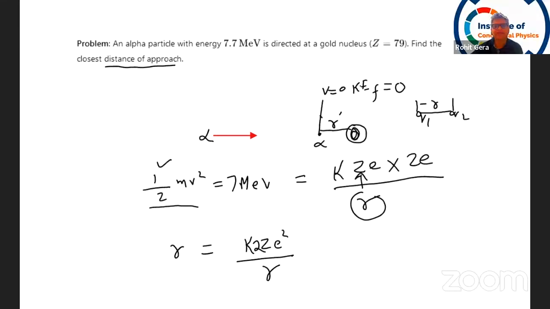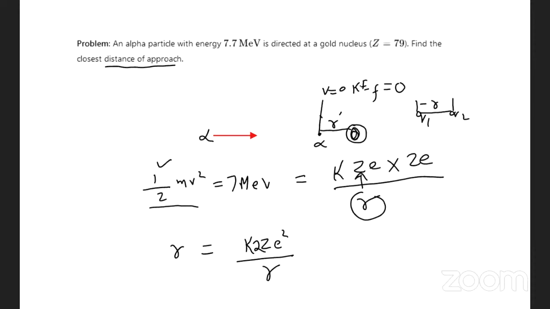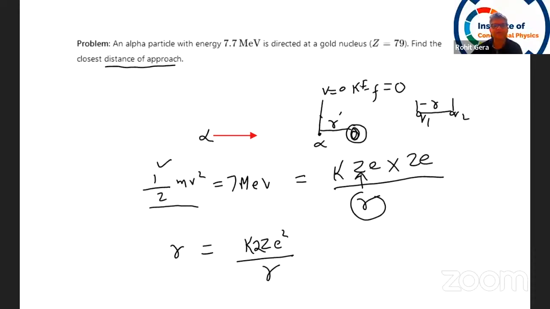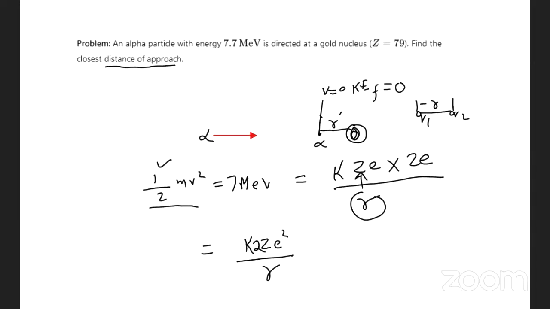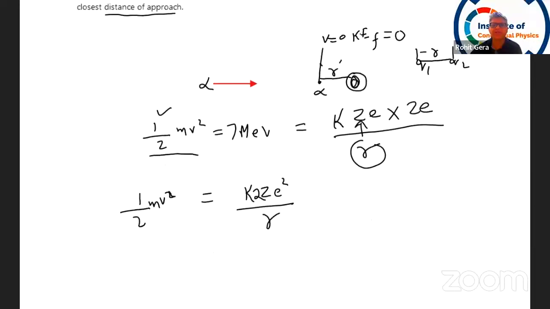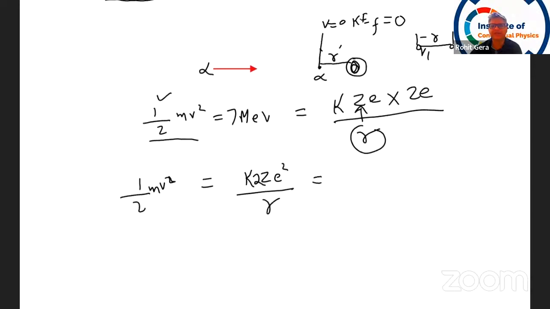Sorry, I should have written this: on the left-hand side it is half mv square. Although he has already given you the energy, you can straight away write it as 7 million electron volts. So you know K, you know 2, you know gold nucleus is 79, and you know this is 1.6 into 10 raised to power minus 19.